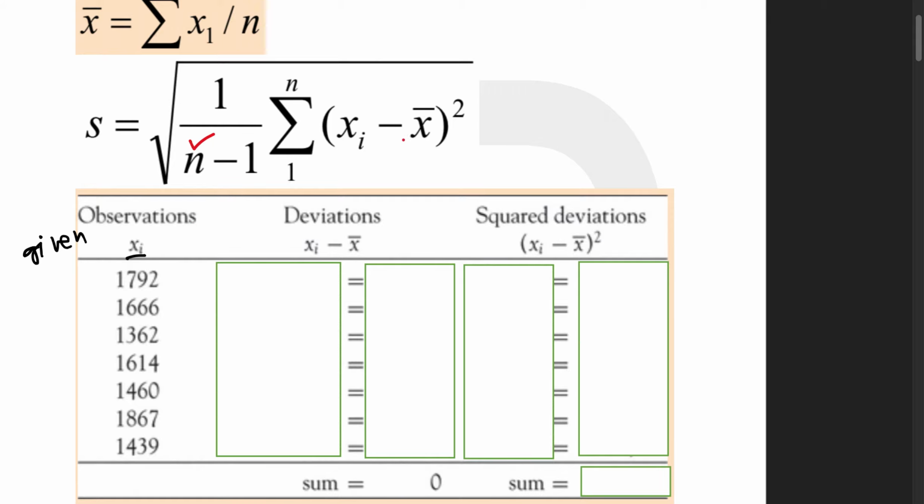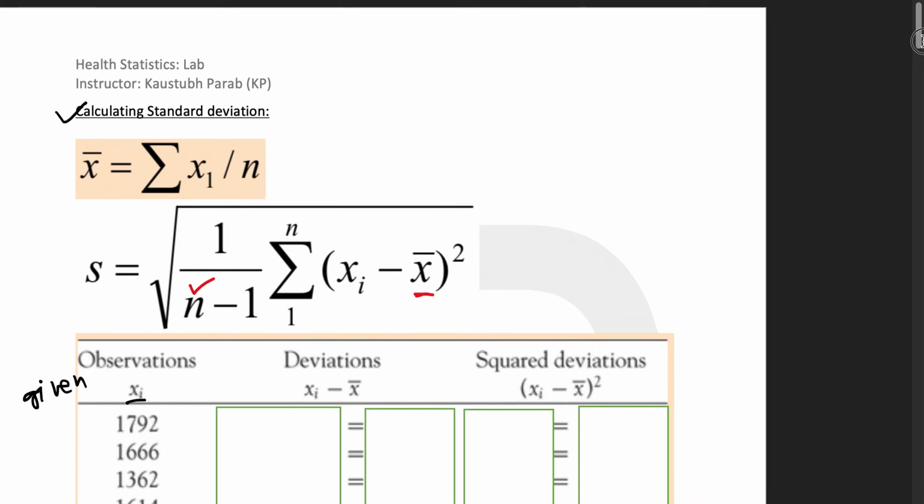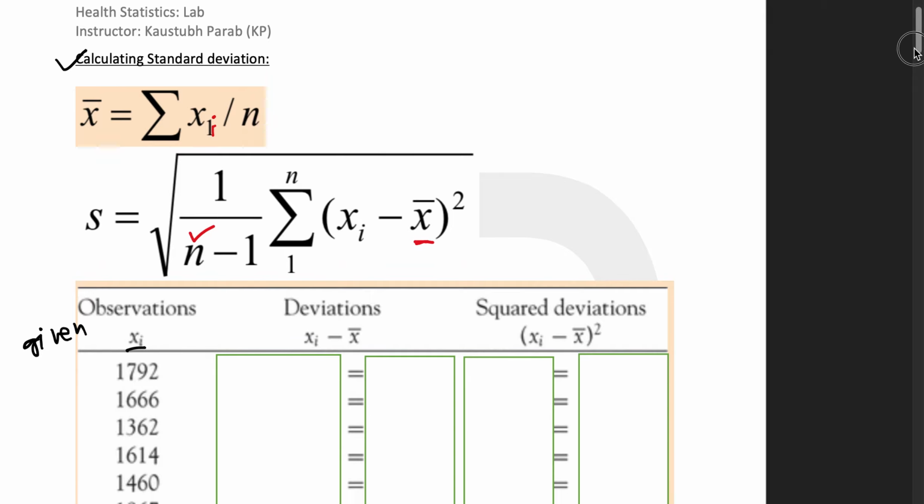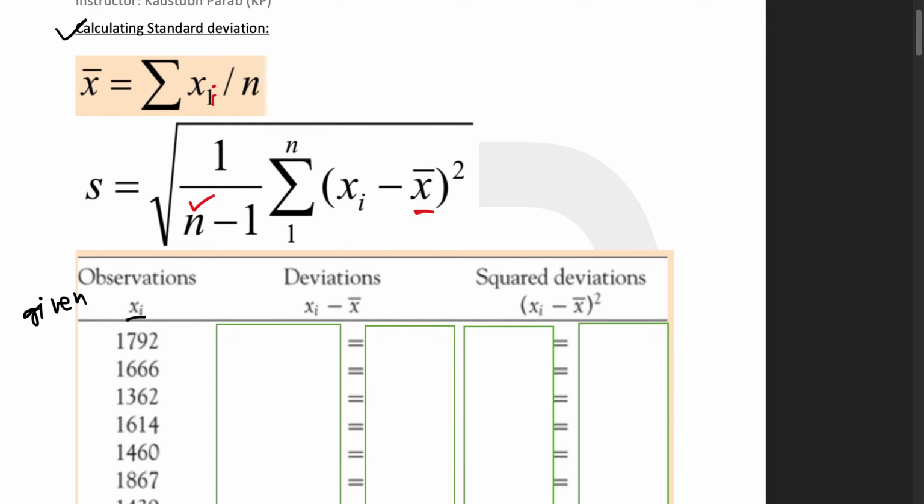What other terms do you need to know? You also need to know the mean. These are the x values, and you just need to calculate the mean. The formula for calculating the mean is x bar, which is the summation of all the xi's, those are the individual x values, upon n, that is the total number of values. So basically what it means is you just have to add all these numbers together.